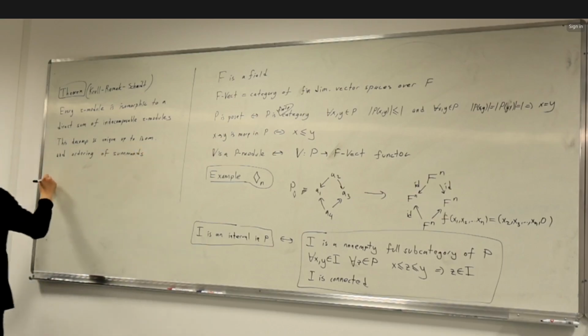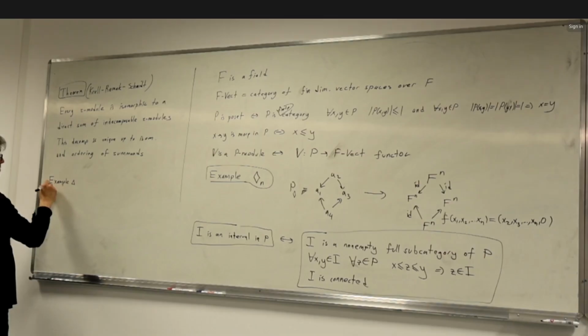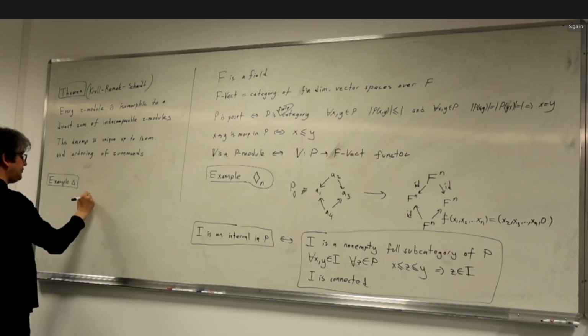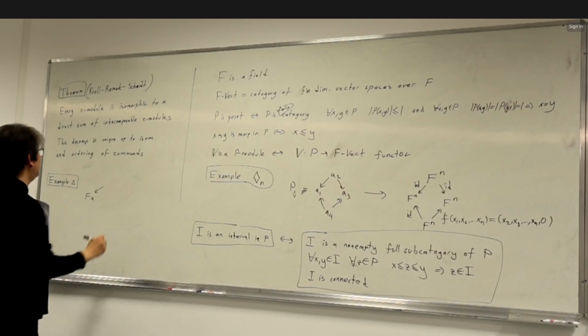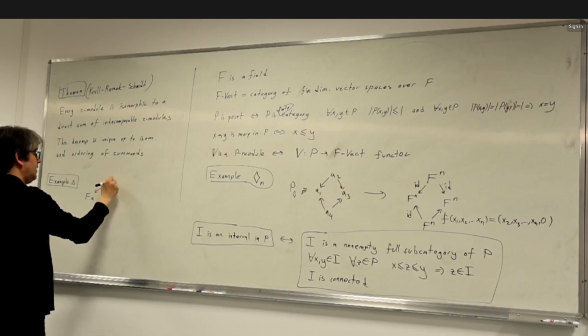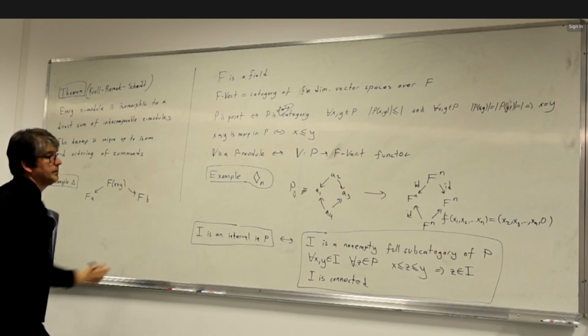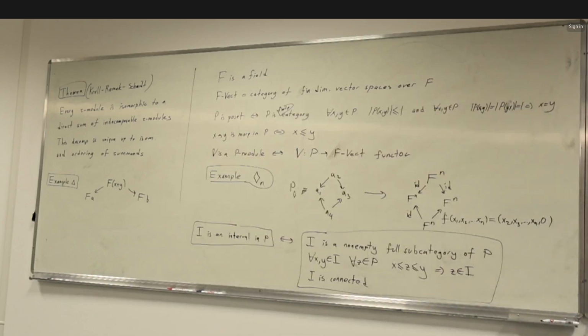So one reminder, in example star, for example, I have this f to f x plus y to f. Here I had f x plus f y. Instead of that, I'm putting f x plus y.